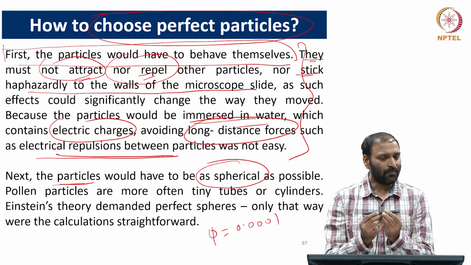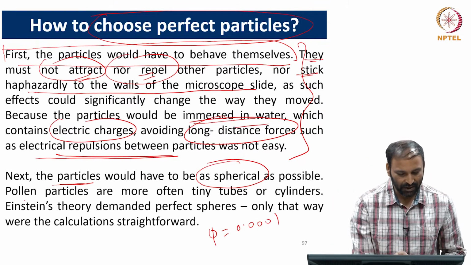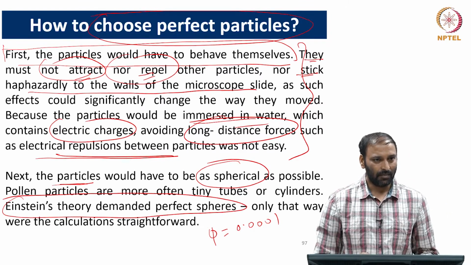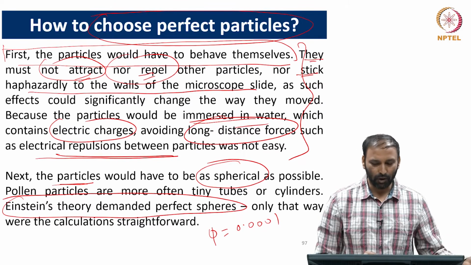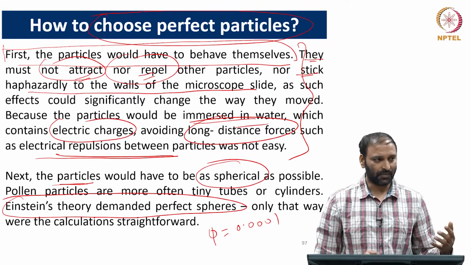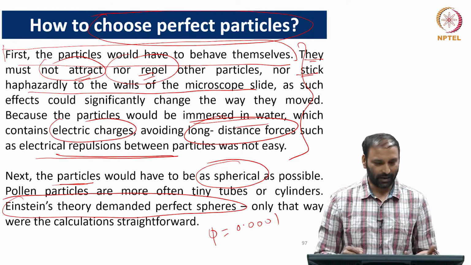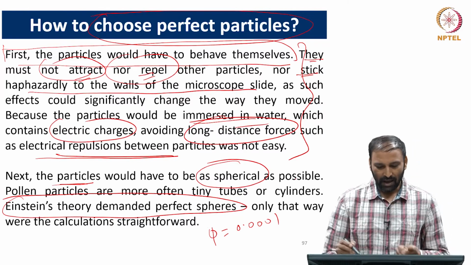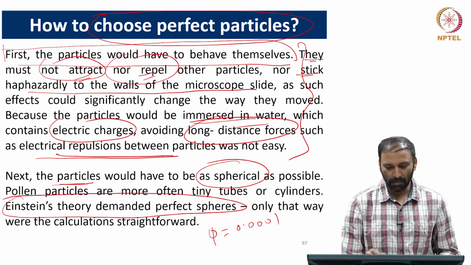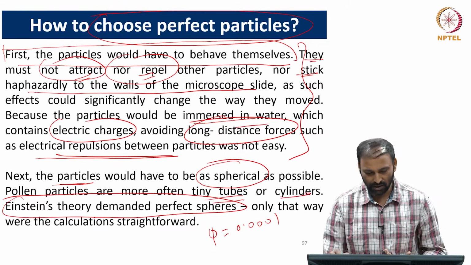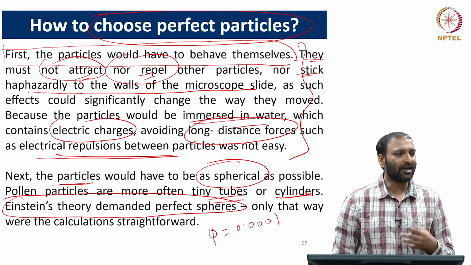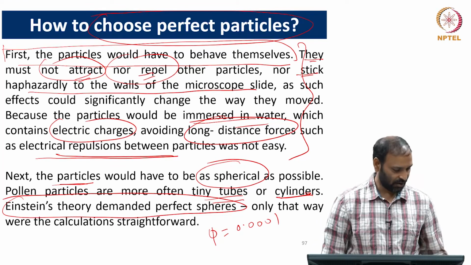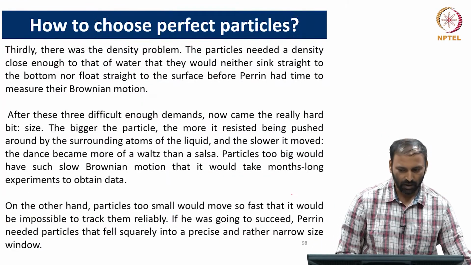That's because the Einstein theory was developed for perfectly spherical particles. But as you saw from the microscope image of the pollen grains used by Brown, they were aspherical. Therefore, the next requirement for his experiments was that the particles be as spherical as possible, but pollen particles are more often either tiny tubes or cylinders. Therefore, the calculation of the diffusion coefficient for such things would not be straightforward. This is the second requirement, you can say.